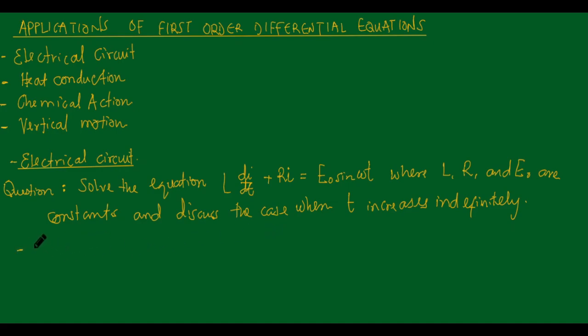To start with, let's divide through by L. On doing that, we now have di/dt plus R over L i is equal to E naught over L sine omega t.